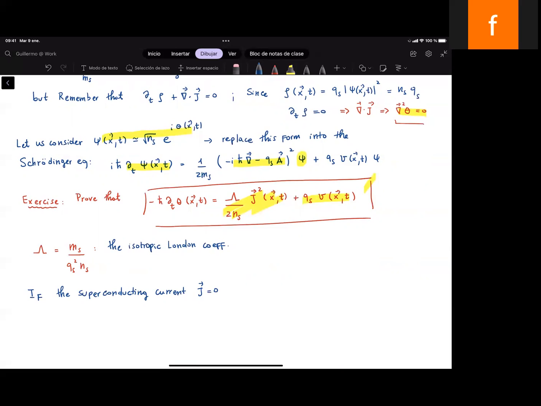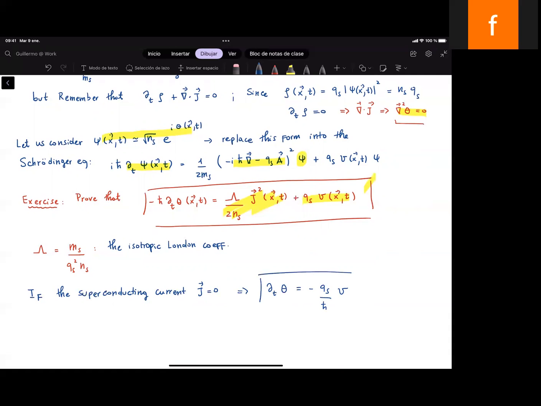So it means I can say that the derivative of the phase is exactly related to minus q_s over h bar times the scalar potential.